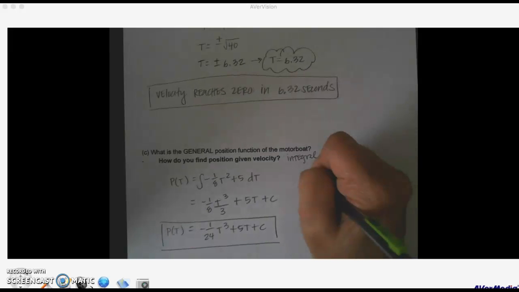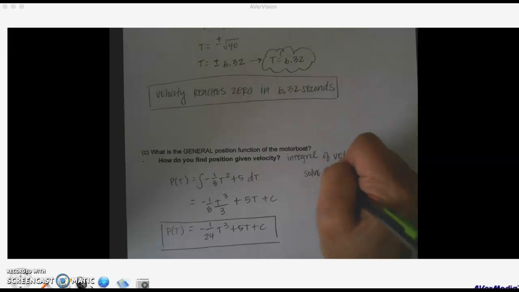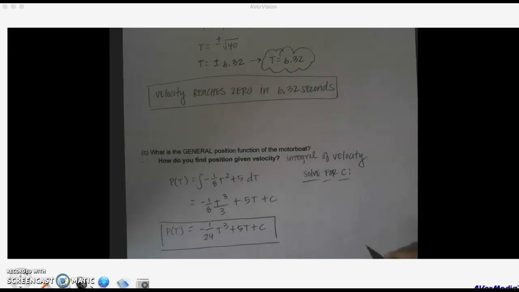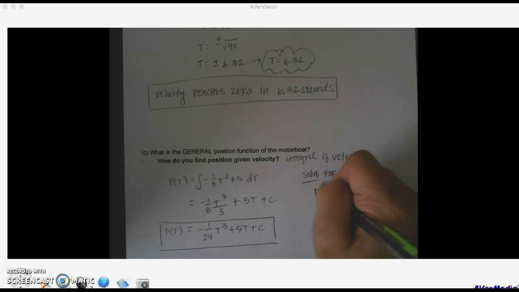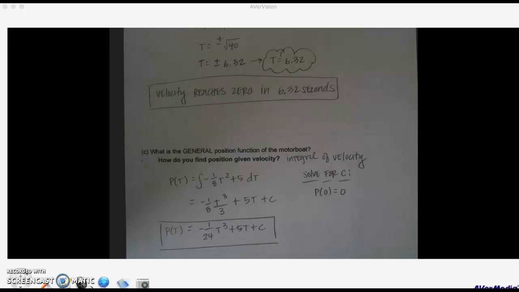Next we need to solve for our c, which means we need to find our initial position. Our initial position is going to be 0, because it needs a starting point.